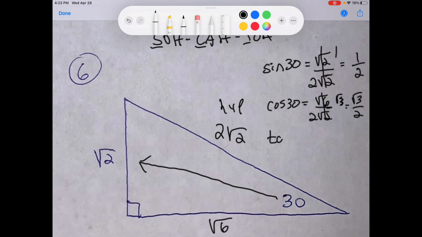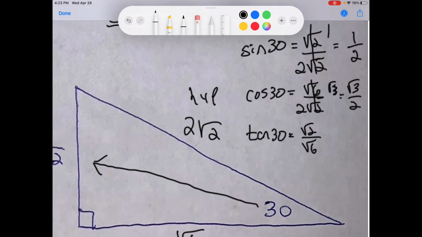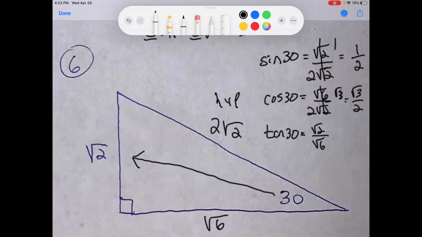And tangent 30, opposite over adjacent, root 2 over root 6. What you could do on this one is multiply bottom and top by root 6, or you could see that this is a fraction that will simplify. Root 2 goes into root 2 once, and root 2 goes into root 6 root 3 times.